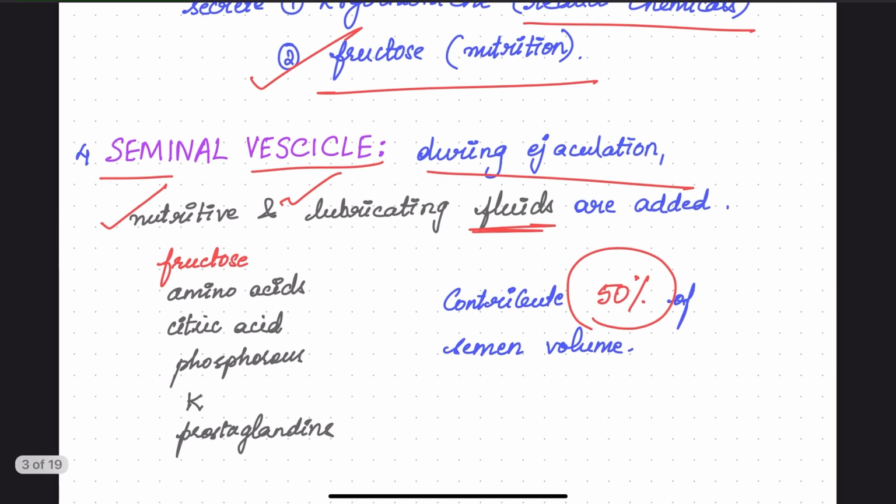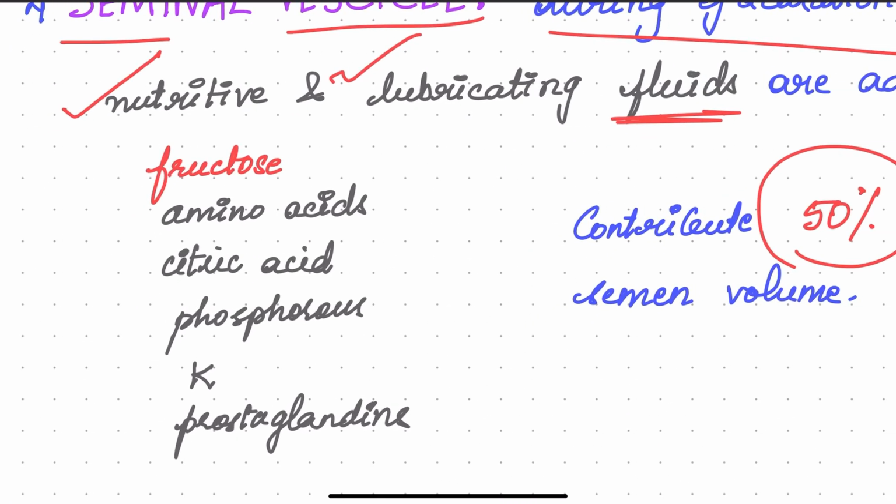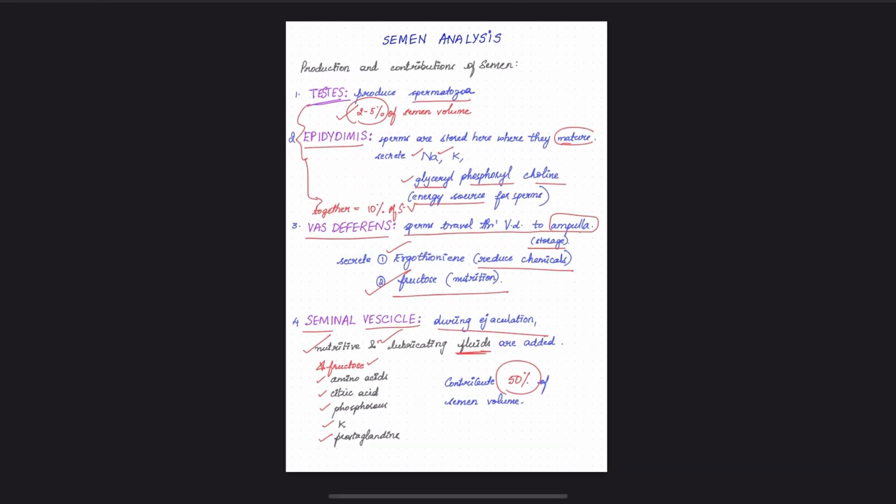They secrete many substances, most importantly fructose. Fructose also becomes the biochemical marker to know the function of seminal vesicles. Along with fructose, amino acids, citric acid, phosphorus, potassium and prostaglandins are also secreted by the seminal vesicle.